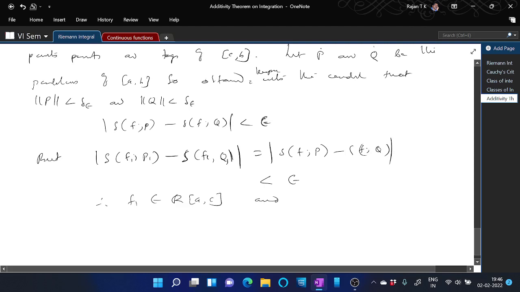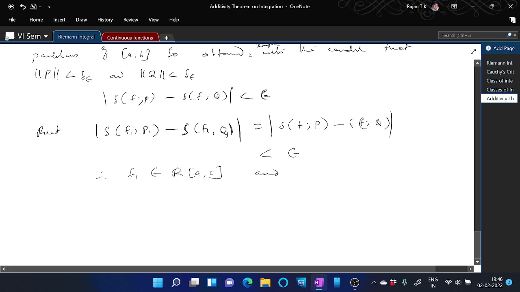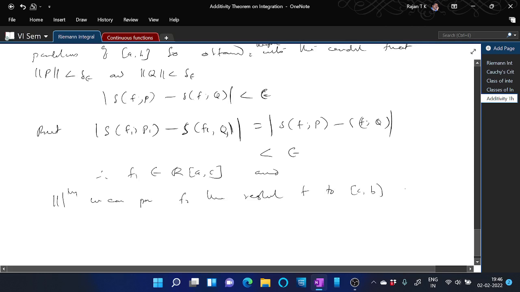That way modulus of S_F2(P2) minus S_F2(Q2) will be the same as modulus of S_F(P) minus S_F(Q), which is also less than epsilon. So similarly we can prove F2, the restriction of F to [C,B], is also Riemann integrable, that is F2 belongs to R[C,B].